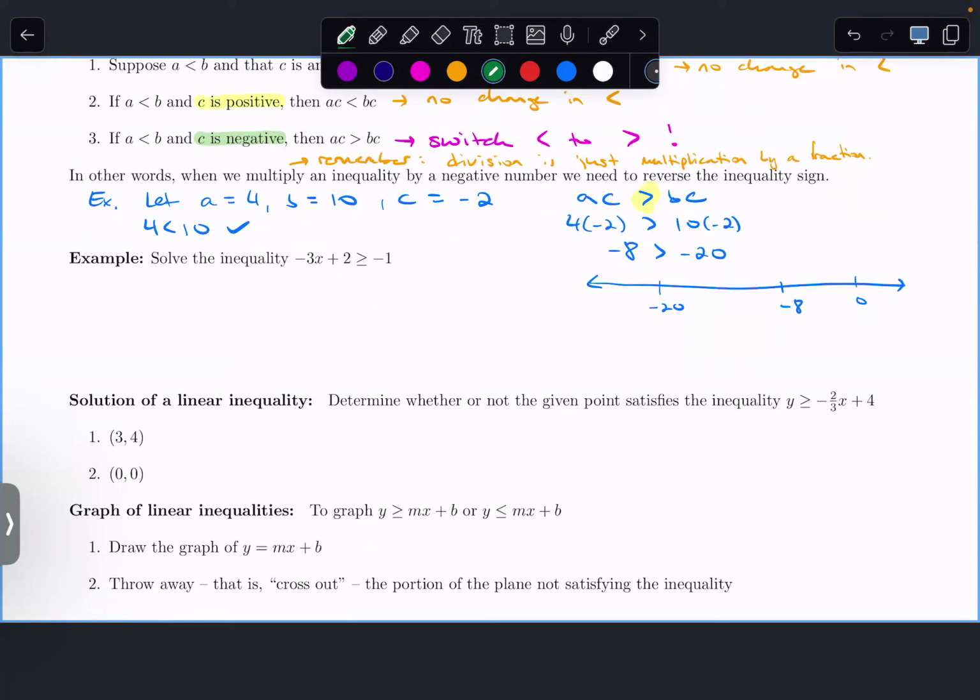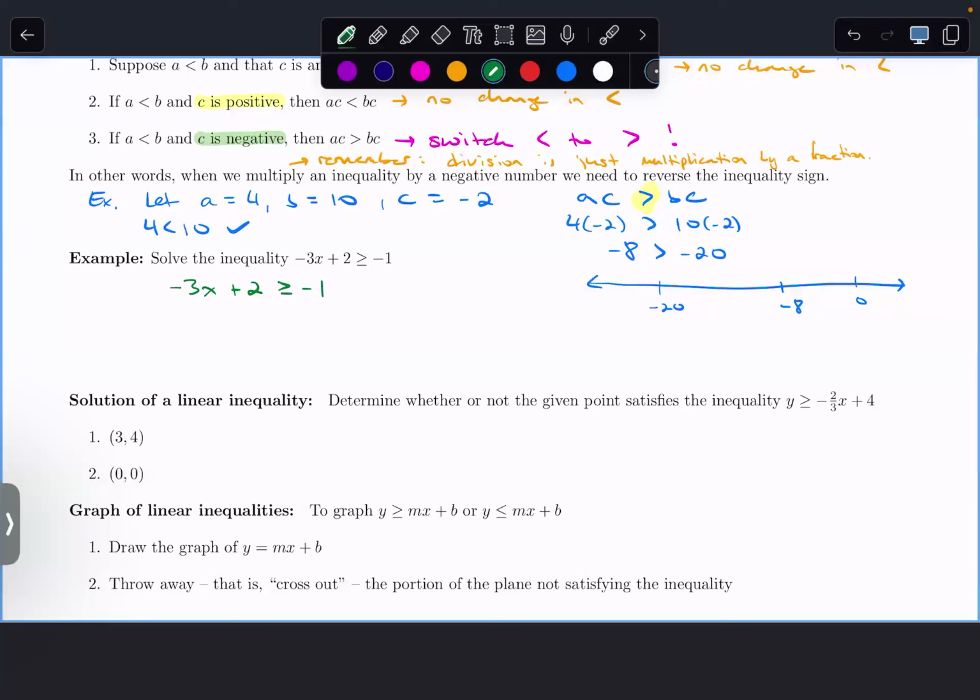So just like solving an equation, we can solve an inequality by moving everything over to one side and leaving x alone on the other side. So we're slowly gonna pick away at this thing and try to solve for x. And so I have negative 3x plus 2 is greater than or equal to negative 1.